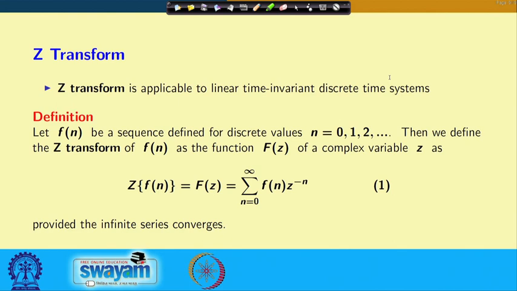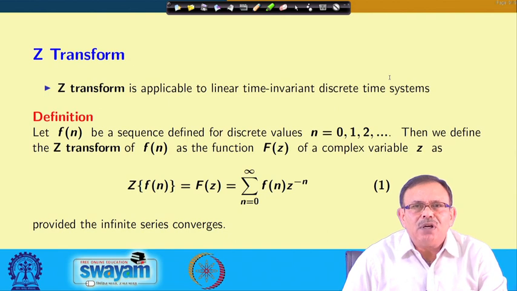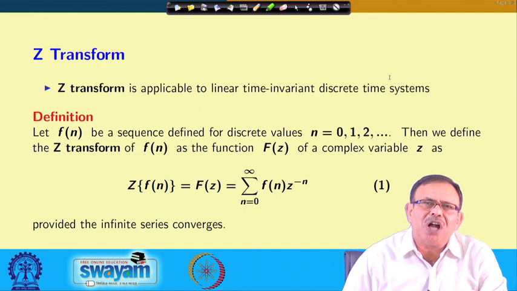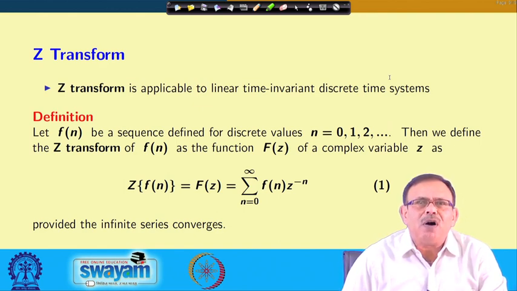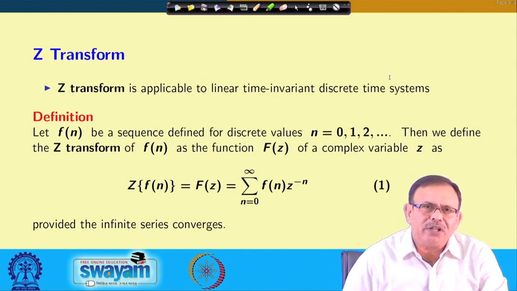Please note that we have not shown how this particular Z transform is derived. Just as for the Laplace transform and the Fourier transform, where we explicitly showed how to derive the transform of a function, here, due to scarcity of time, we are directly giving the definition and we will prove certain properties and see some examples.